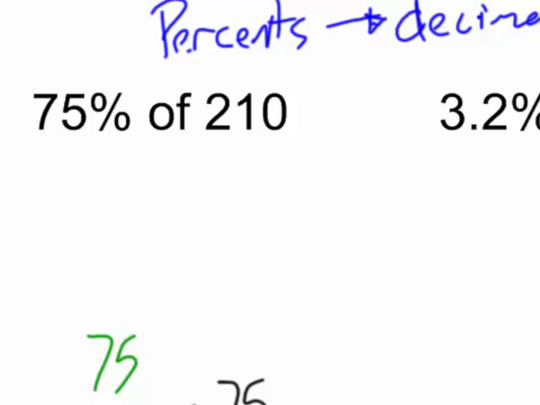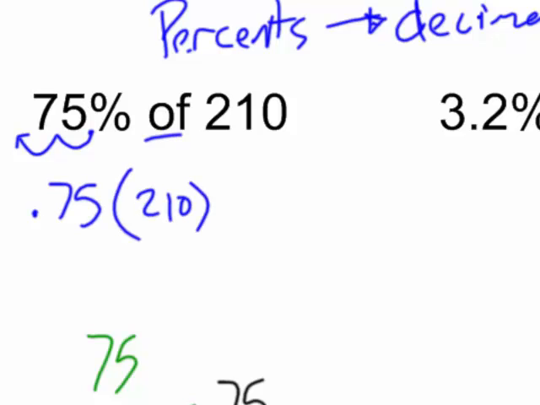All right, so let's go back to this 75% of 210. It's nice and easy. We've already talked about this. If you want a percent of a number, all you do is change your percent to a decimal. There's an imaginary percent here, and we always move it 2 to the left. So now it's 0.75, and of tells me to multiply. So I just take 0.75 times 210 on my calculator, and I get 157.5.